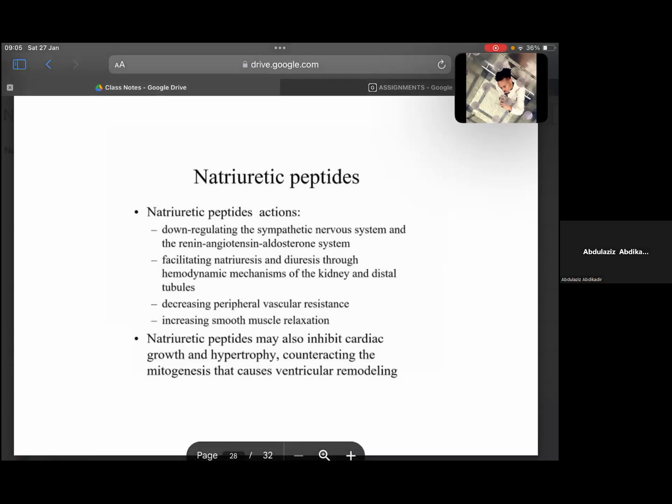This was what I was telling you. Remember, in heart failure, I told you, the heart is choking in its own blood. The heart is trying to pump, but it cannot pump. Most of the blood is around the heart, so it cannot pump towards other areas.